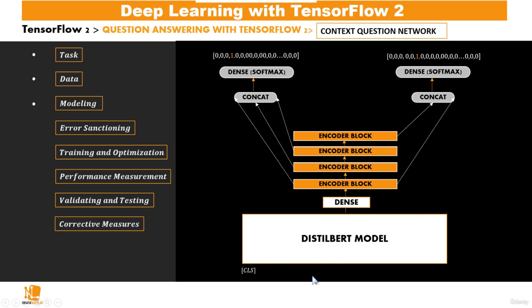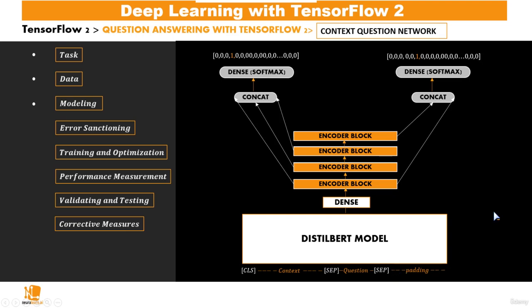So here we simply have to define our data such that we have as input firstly the CLS token, followed by the context itself, followed by the separation token, followed by the question itself, followed by a separation token, and then followed by some padding tokens.